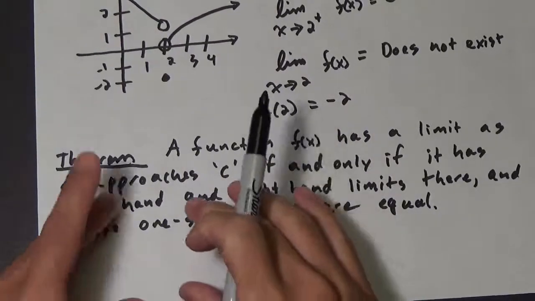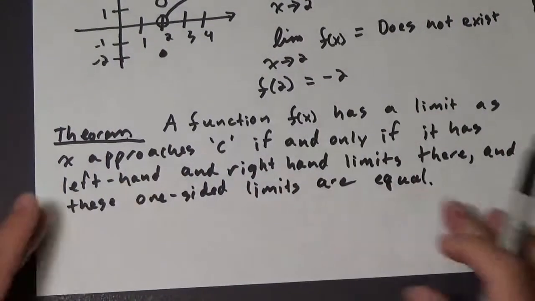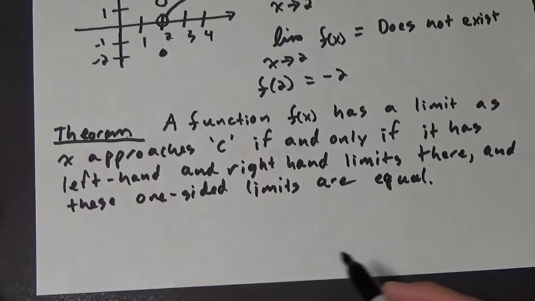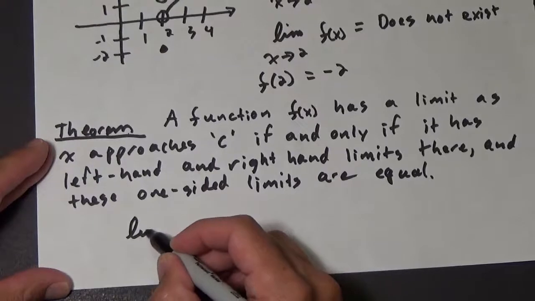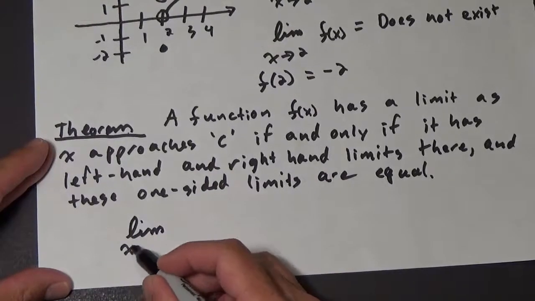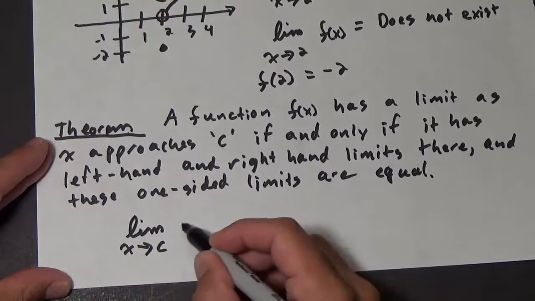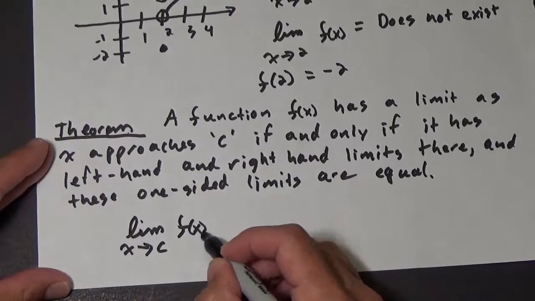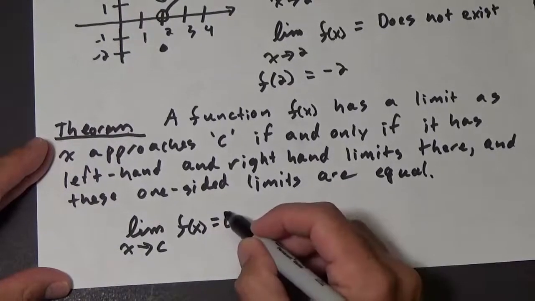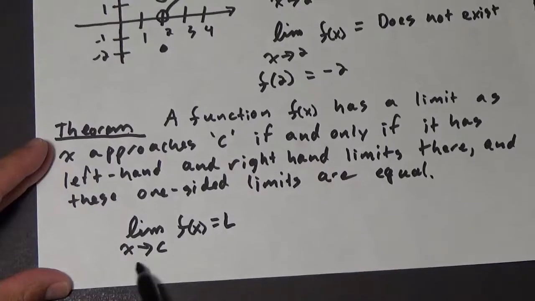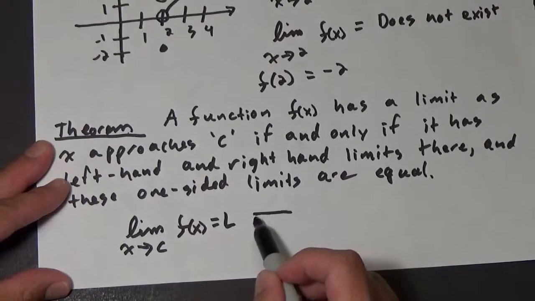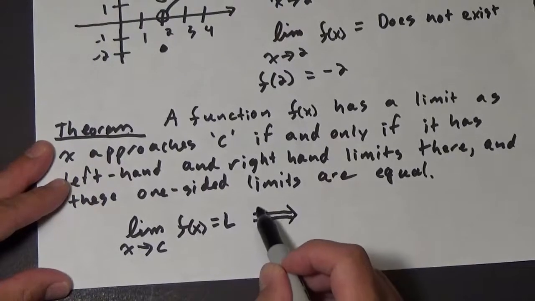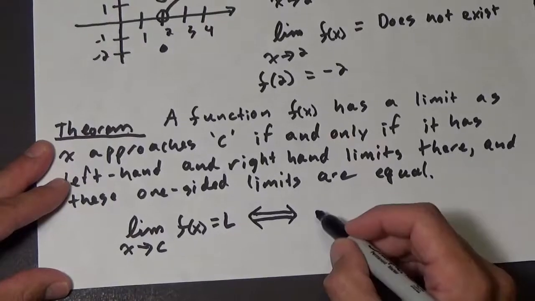First, let's get a little diagram of what's going on here. The limit as x approaches c of f of x equals L. If this is true, that can only be true if the following two things are true.